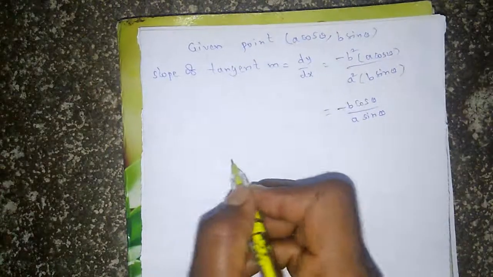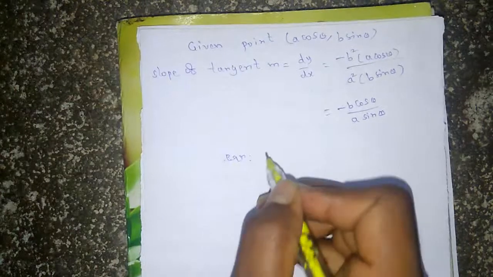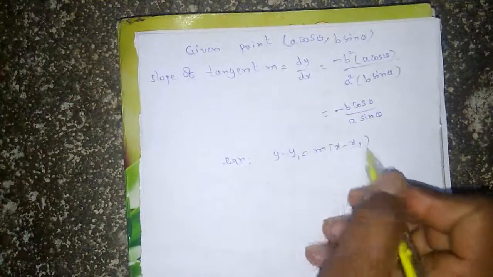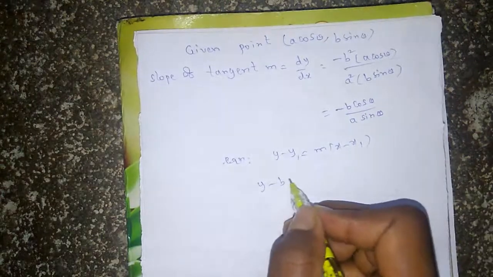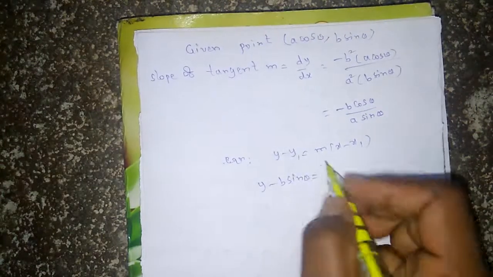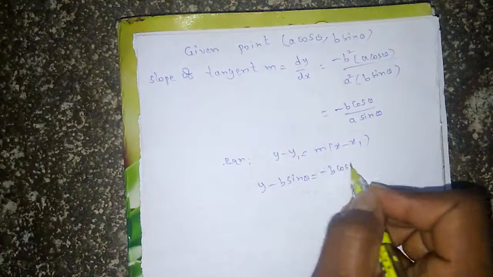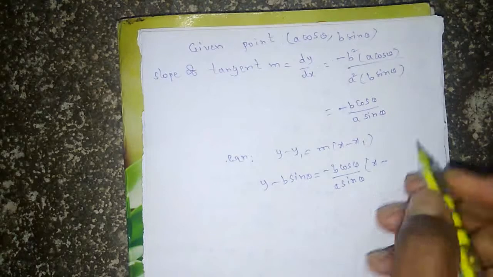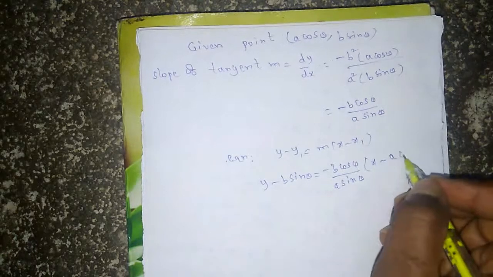Now the equation of the tangent is y minus y1 is equal to m into x minus x1. Y minus b sin theta is equal to m, which is minus b cos theta by a sin theta, into x minus a cos theta.